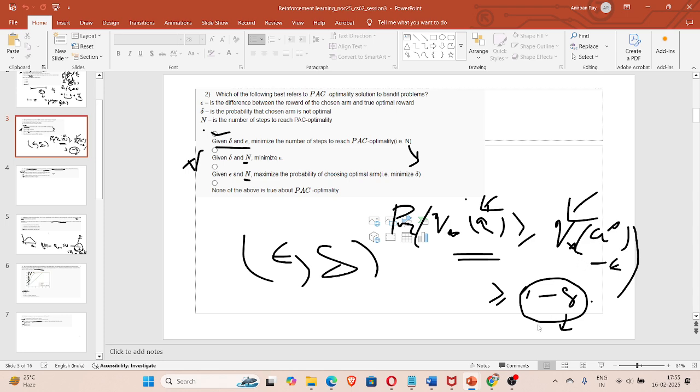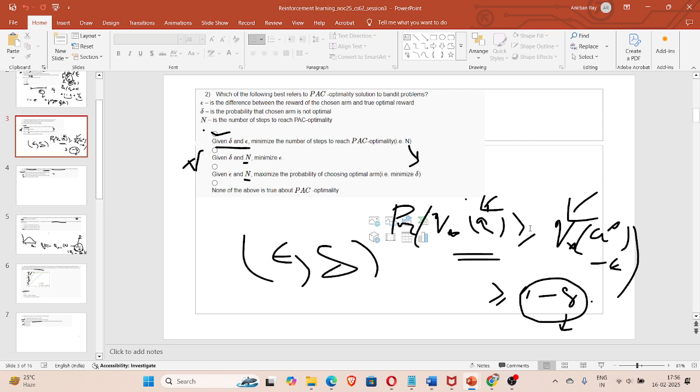And the success rate of the approximation of the max is 1 minus delta, a high probability, with the chosen epsilon. Epsilon and delta should both be small.